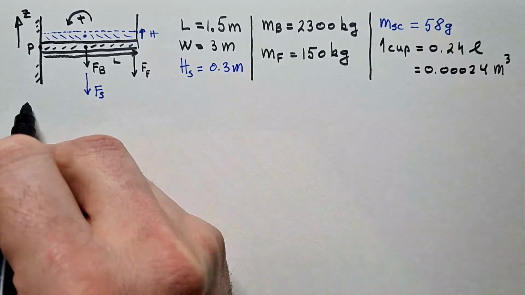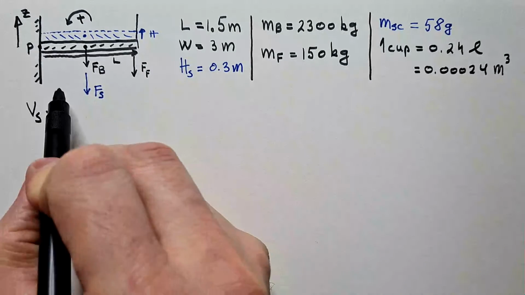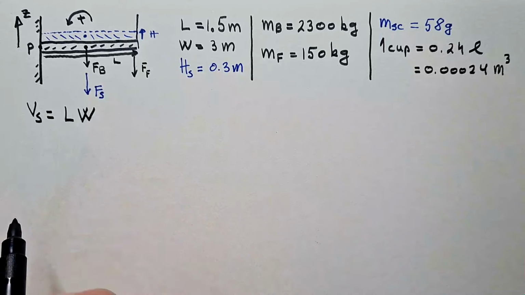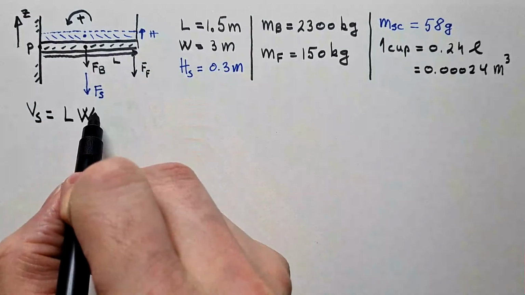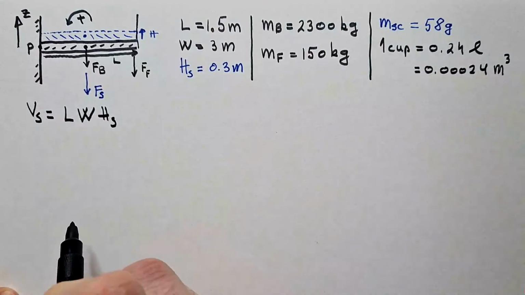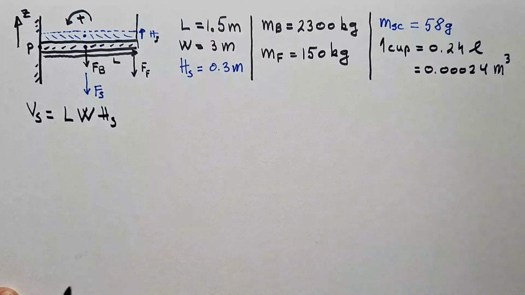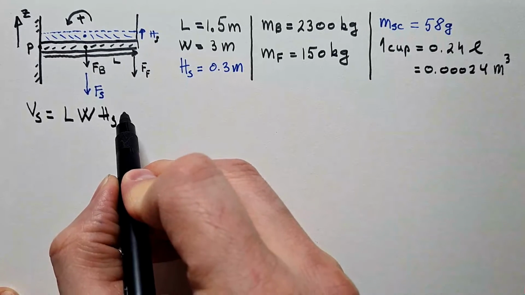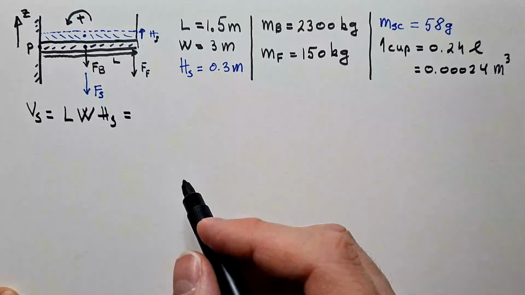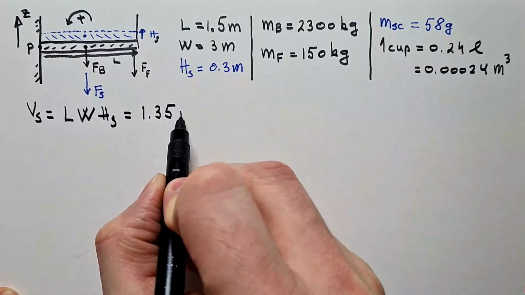Well, the volume of the snow on top of the balcony needs to be the length of the balcony times the width of the balcony times the height of the snow. So here it should be subscript S. Height of the snow above the balcony. And we have all these numbers right here. So if we plug this in, we get 1.35 cubic meters.